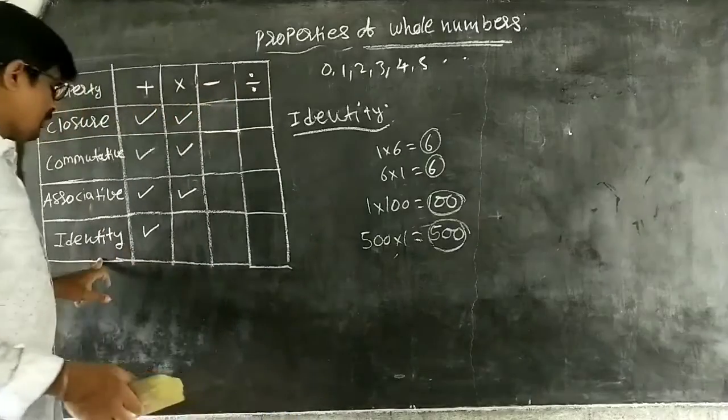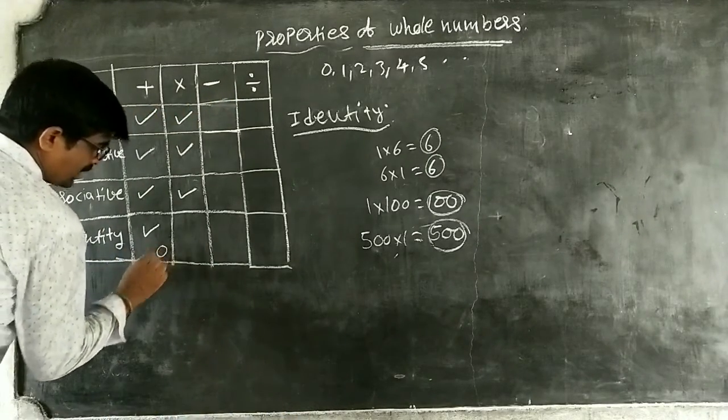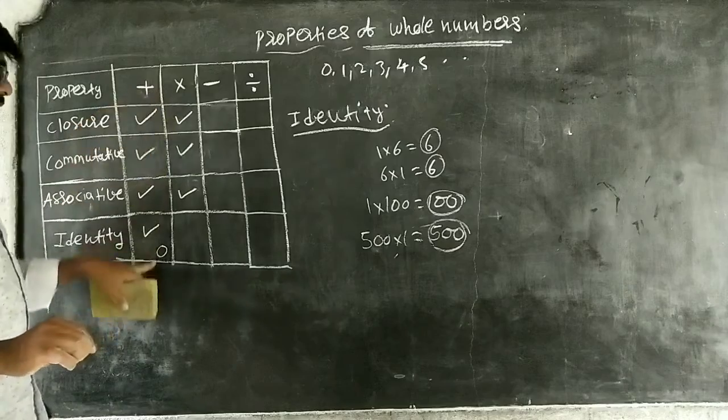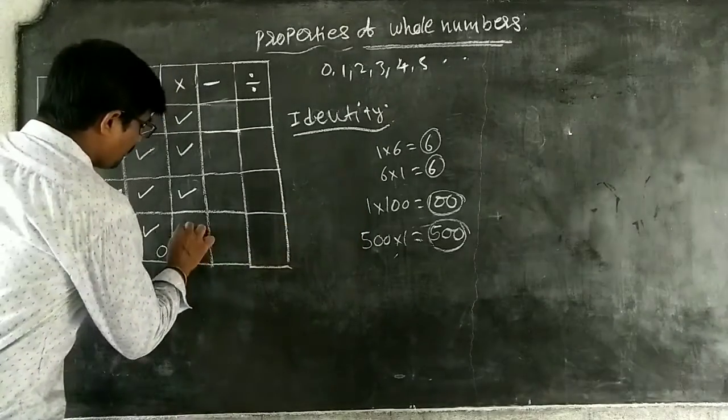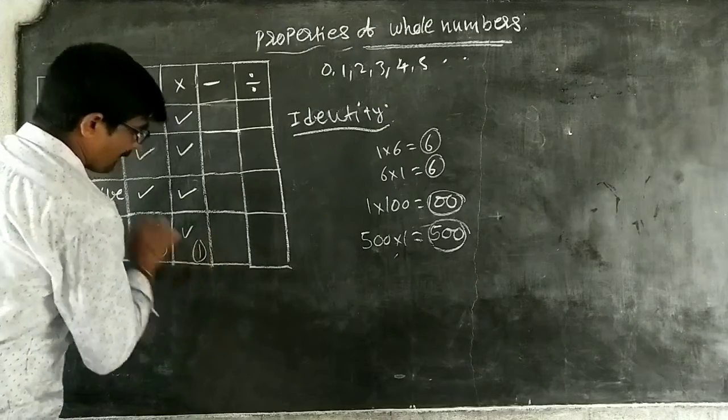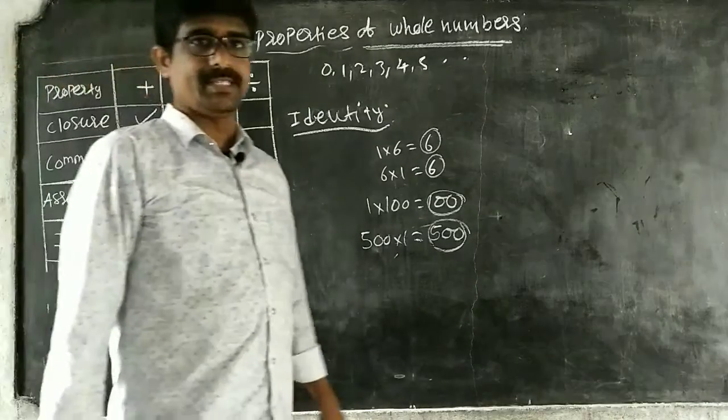Here we are using 0 for addition: 0 is the additive identity. 1 is the multiplicative identity.